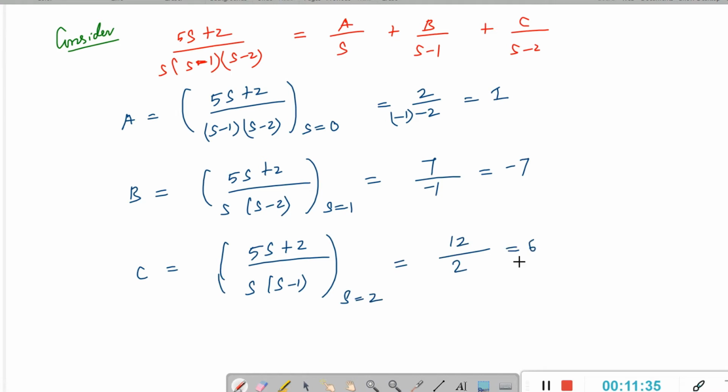After finding A, B, C, substitute those values in equation 2. So now substitute equation 2 in equation 1.